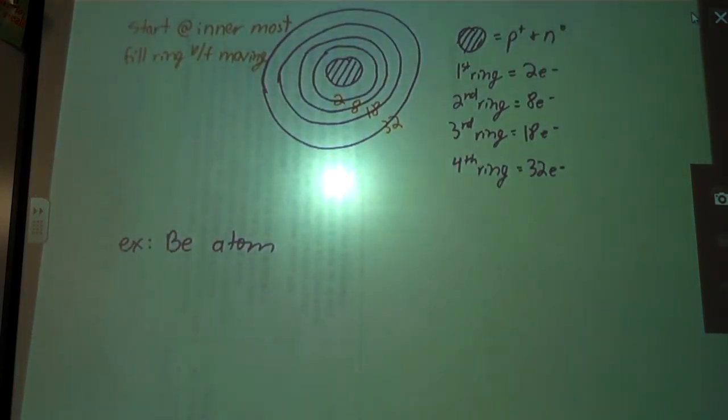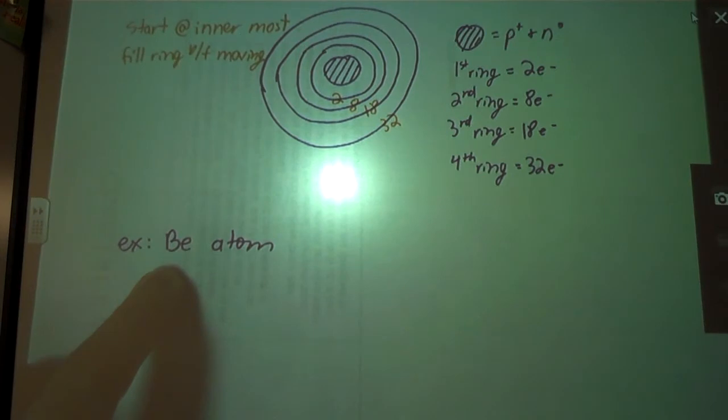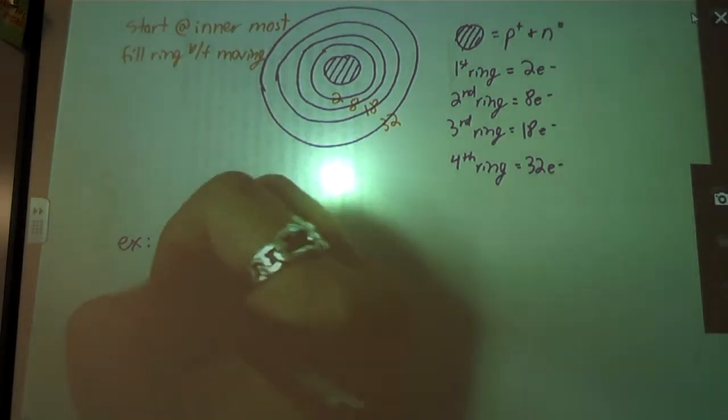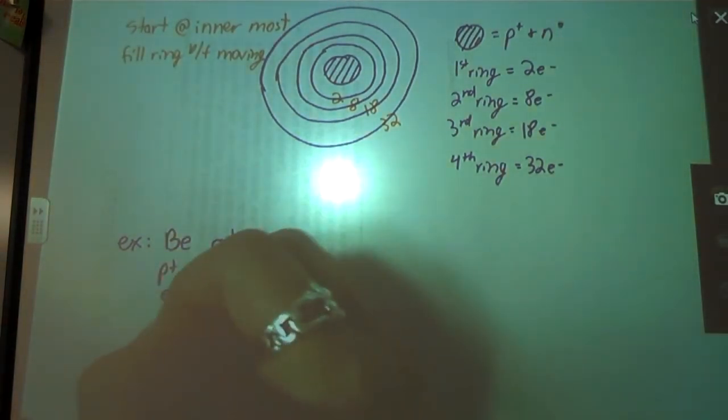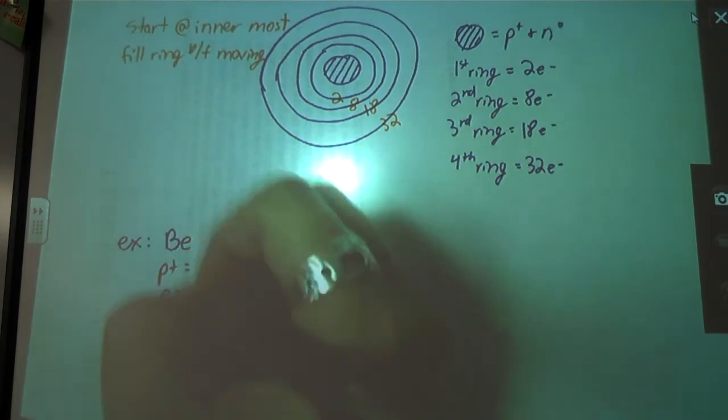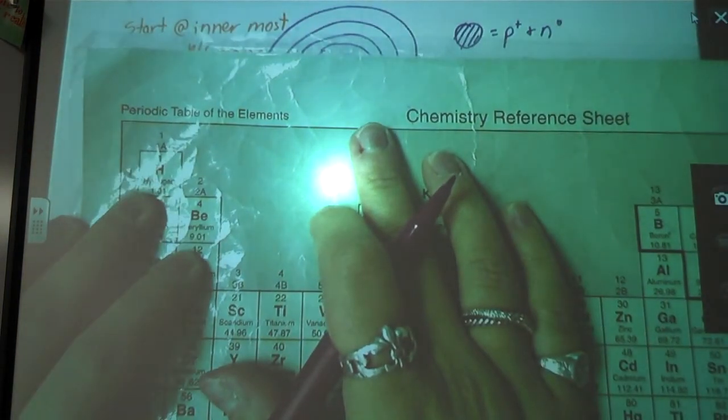So let's try one. First, let's try beryllium. In order to draw my Bohr model of my beryllium atom, I need to find our protons, electrons, and neutrons just like we did in the last video, so I can put everybody where they go. If we look at the periodic table, here's beryllium right here.